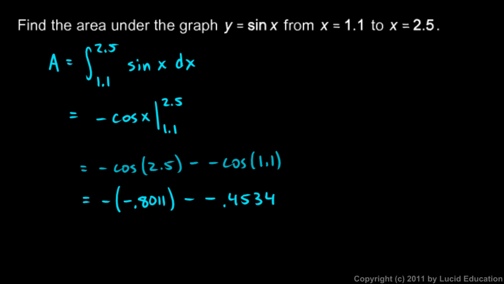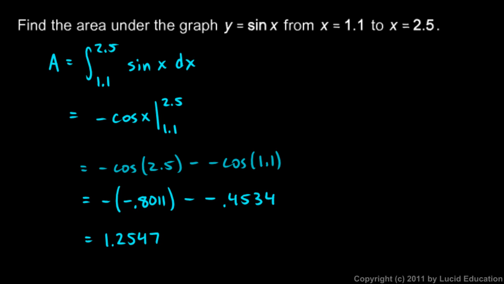So this ends up being positive. This is a positive number because of the 2 negative signs, and that becomes a positive. So it's 0.8011 plus 0.4534, and we get 1.2547. And that's the answer.